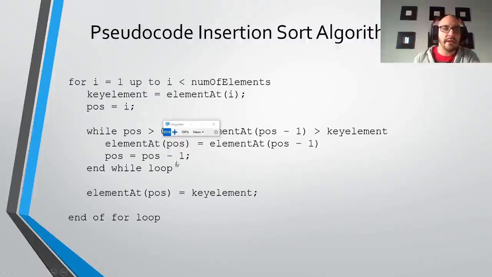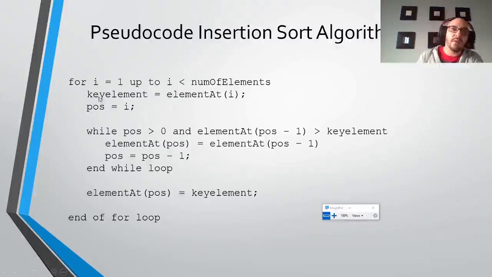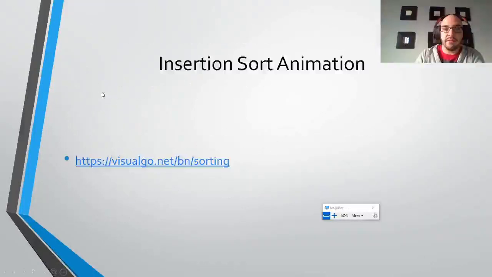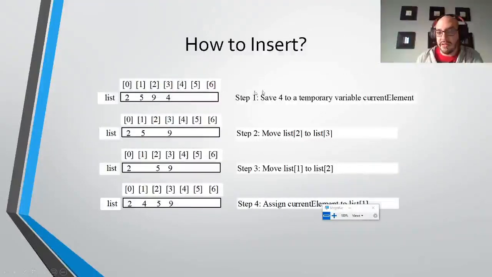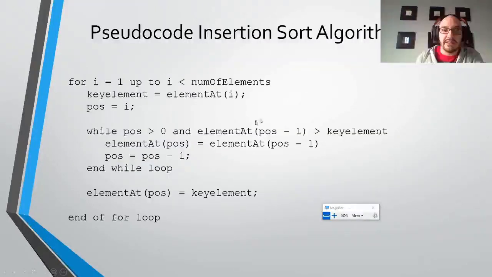The next thing is that inside that loop, I need two variables. I need one variable that I'm calling key element, which is going to be equal to the element at position i, and I need a variable for the position i. We'll see why I need that in a little while. But the important thing is, this is what I called current element in the previous slide. It is exactly that very same temporary variable, key element.